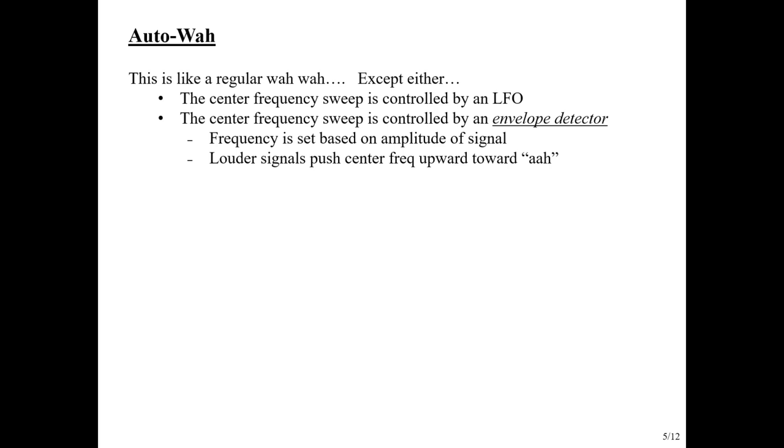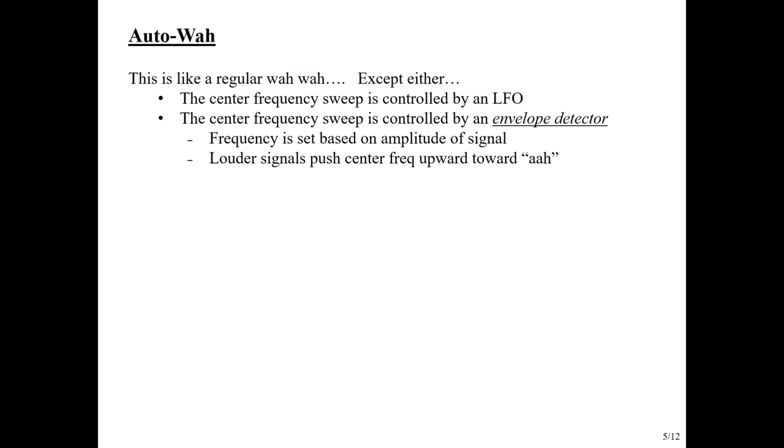Basically, it's giving you a voltage that follows the loudness of the signal. So if you're playing along and you pick strongly, the envelope detector will give you a large value out at that instant that you picked strongly. But if you pick weakly, or right after you've picked strongly, the envelope detector's output will be lower.